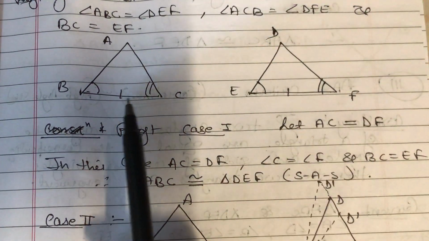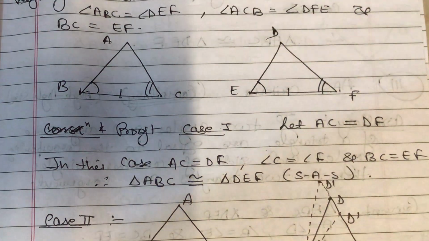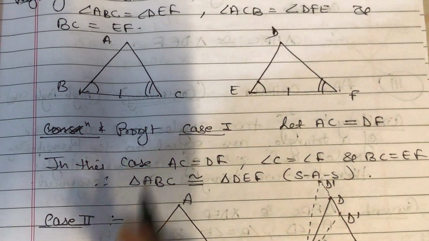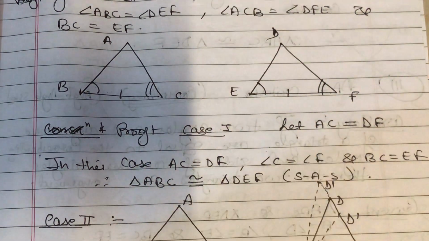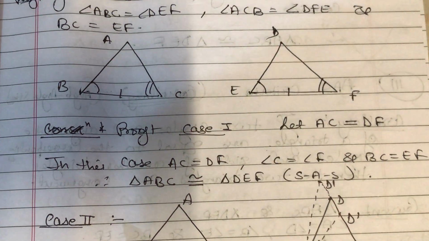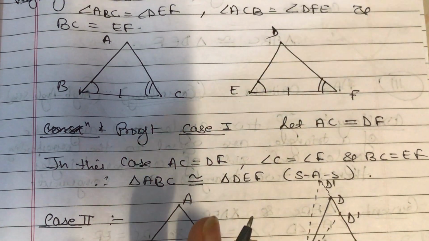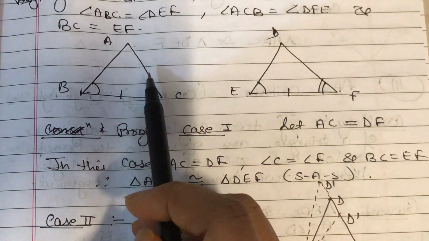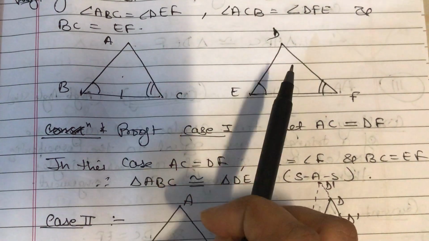But that is my case 1. There is another case in which AC is not equal to DF. Let's see what will happen in that case. In my case 1, I have proved using SAS criteria that both the triangles are congruent.